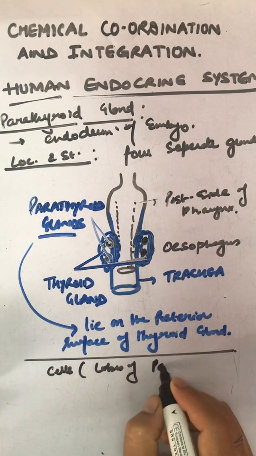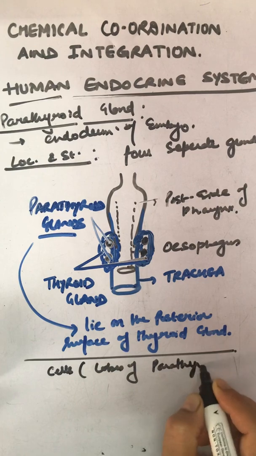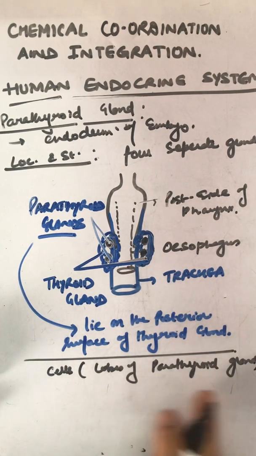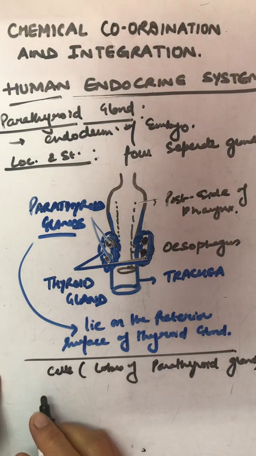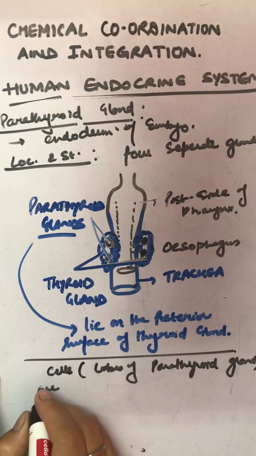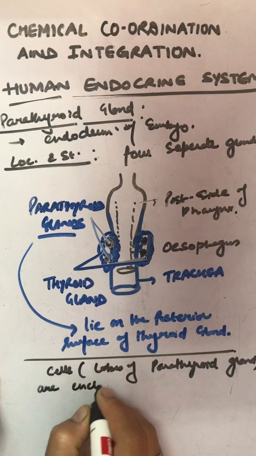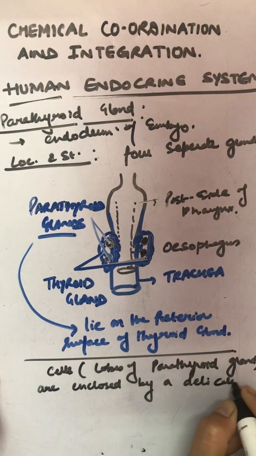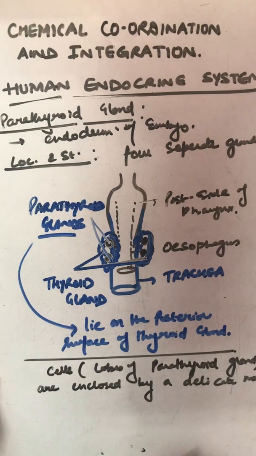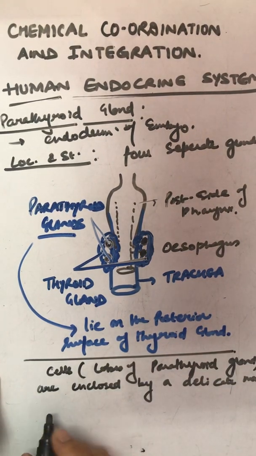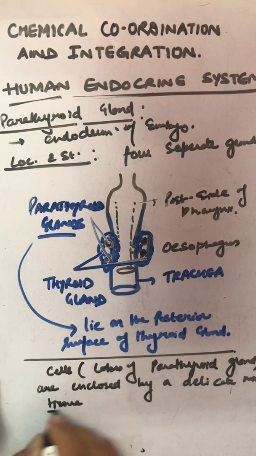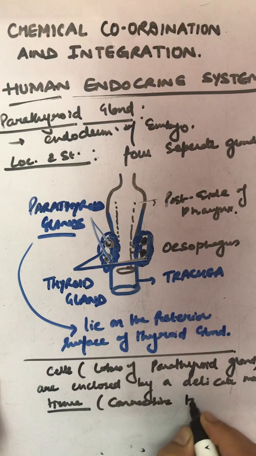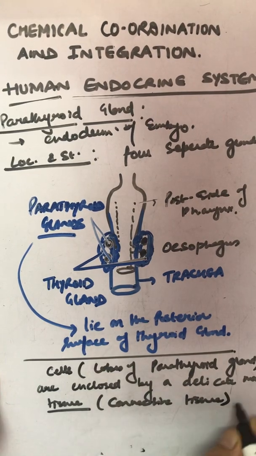of parathyroid gland are enclosed by a delicate membrane tissue, which is connective tissue actually, and we call it capsule.